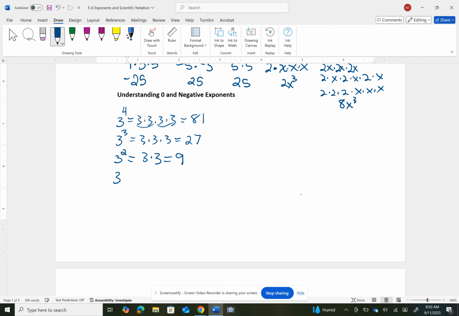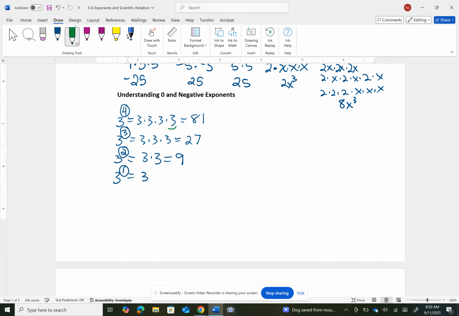Let me do one more. 3 to the first would be 1 3. So we're focusing on how I had a 4, I subtract 1, got a 3, got a 2, got a 1. When the exponent goes down by 1, I'm losing one of these 3's, aren't I? So when the exponent goes down by 1, it's like one of these 3's goes away.